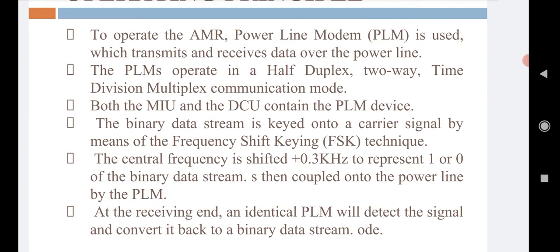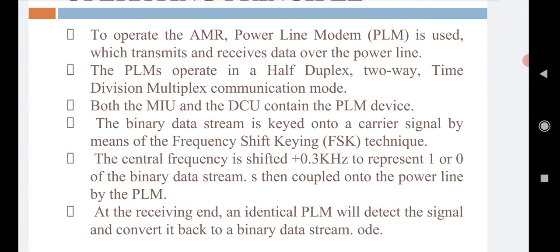The binary data stream is keyed onto a carrier signal by means of the frequency shift keying technique. The central frequency is shifted plus or minus 0.3 kilohertz to represent 1 or 0 of the binary data stream, which is then coupled onto the power line by the PLM.